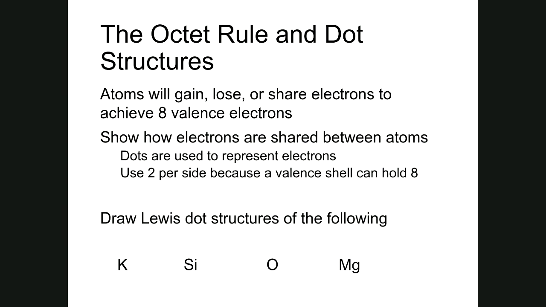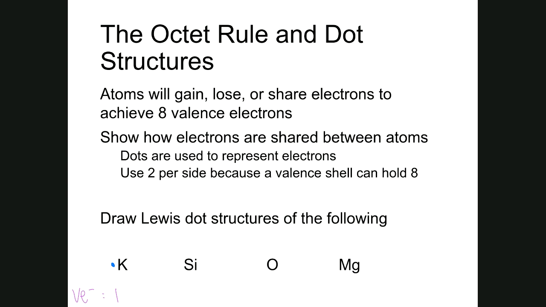Again, this is potassium. And you should see that K has a valence electron number of 1. So we're just going to draw one dot. And it doesn't matter which side you decide to draw it on. Any of the 4 sides of that box that we talked about is fine.